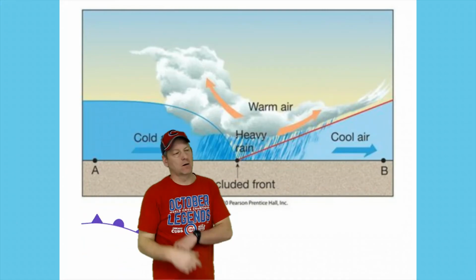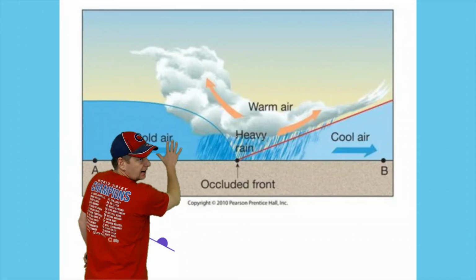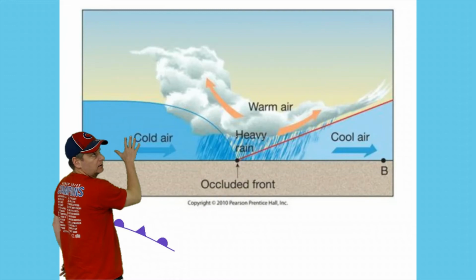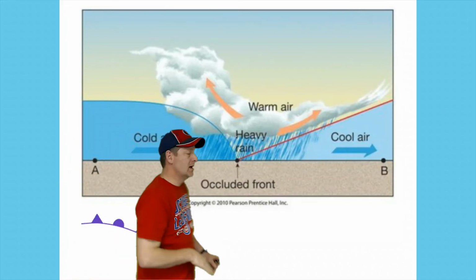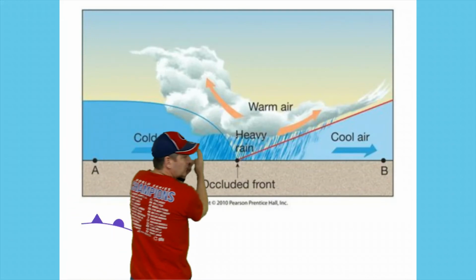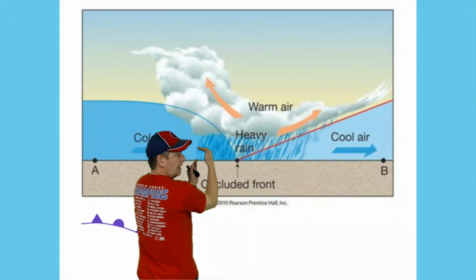But here's the kicker. Coming up behind it is a mass of cold air that comes in, and it's moving in faster than the warm air. So it comes from behind the warm air, and that warm air gets trapped between the cold and the cold.